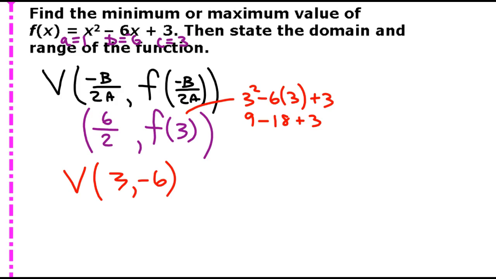What that tells me is my maximum or minimum. If I'm looking at my y, is that a maximum or a minimum? That's going to be a minimum because it opens upward. Because it opens upward, the vertex down there is the minimum value. So this is going to have a minimum of y equals -6.